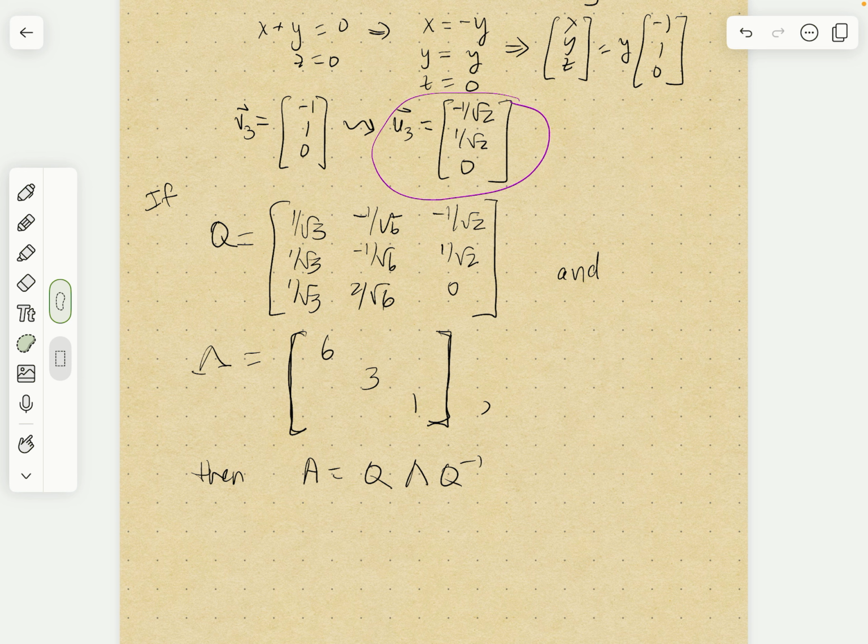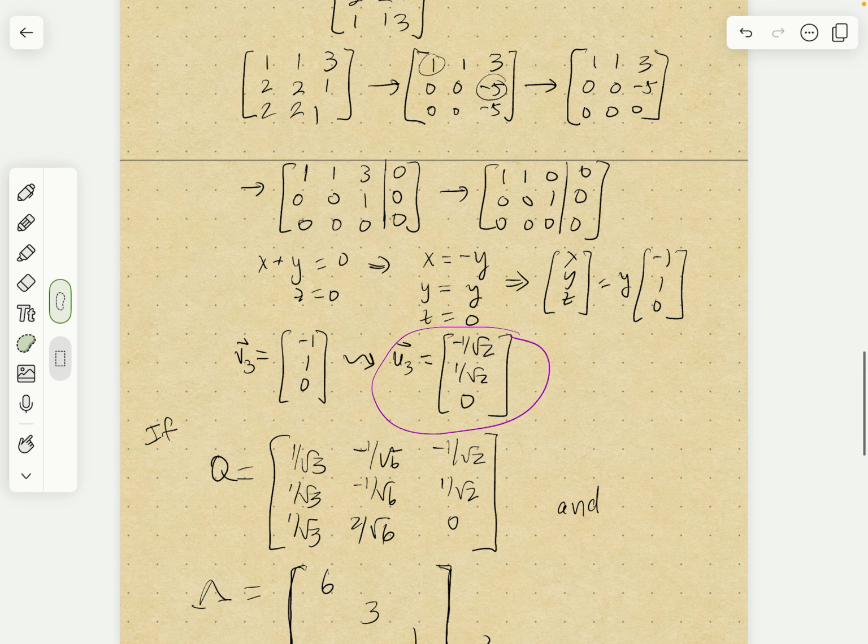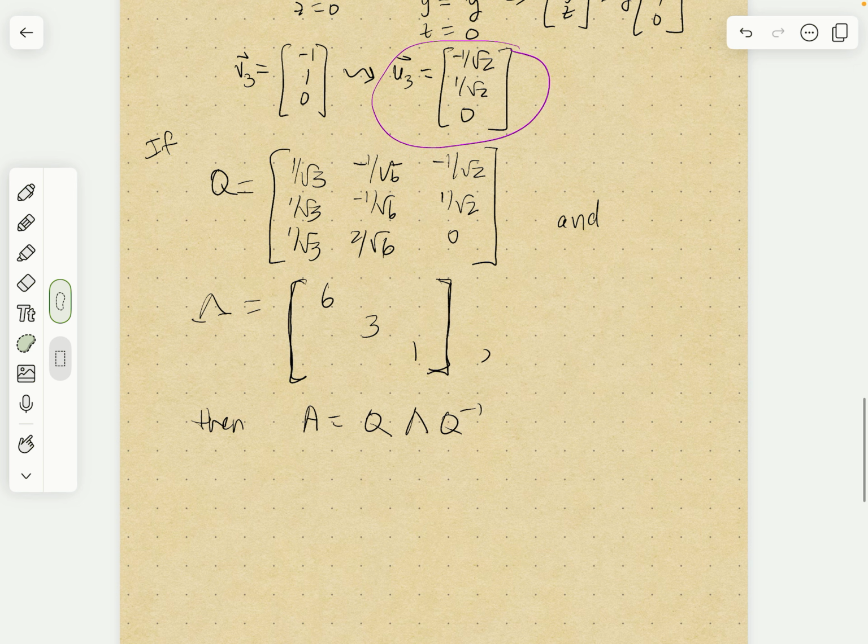But notice that we didn't have to actually do anything to the columns to make them orthogonal. This goes back to the comment I made earlier. When we just found the u1, u2, and u3, they were automatically orthogonal.